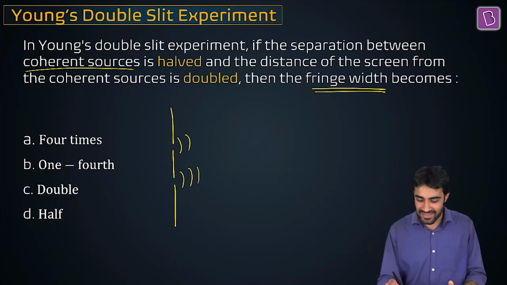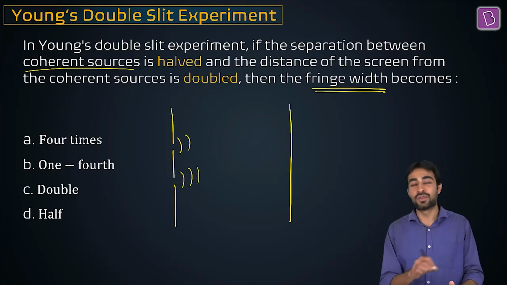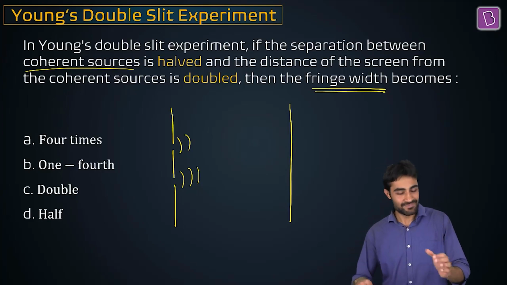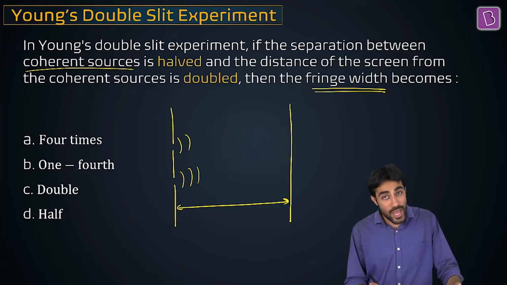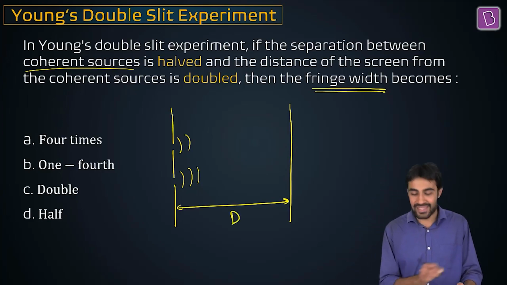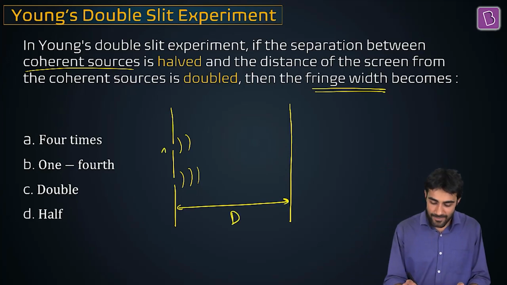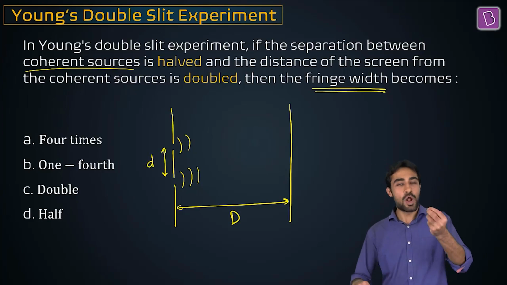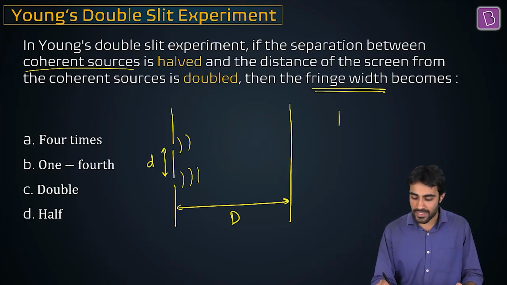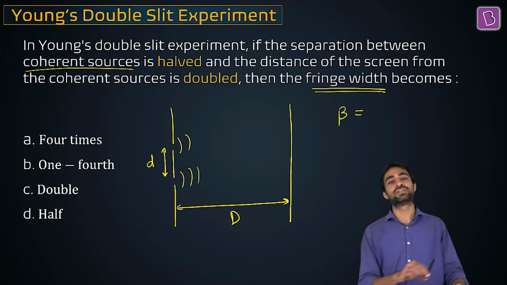Then you have some screen in front of this apparatus. Let's say the distance between the screen and these coherent sources is capital D, and the gap between these 2 coherent sources is small d. In terms of capital D and small d, we will calculate the fringe width beta.